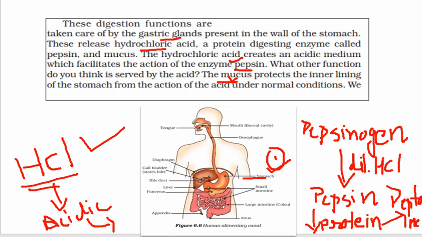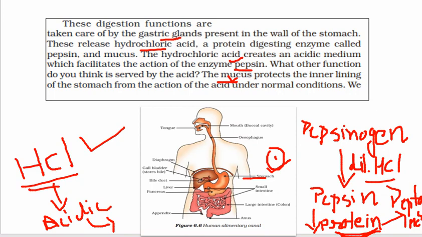I am writing here, peptones. So this is the whole process. Here with the use of the dilute HCl, that is the hydrochloric acid, the pepsinogen or the pepsin releases the protein, and that protein we use as a what? For bodybuilding. Yes.